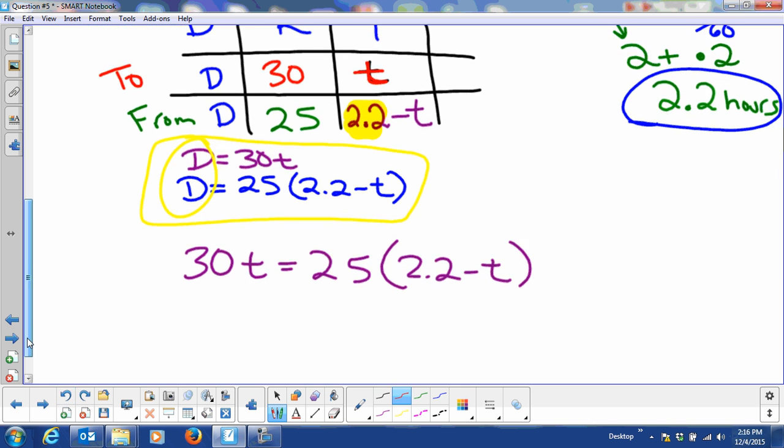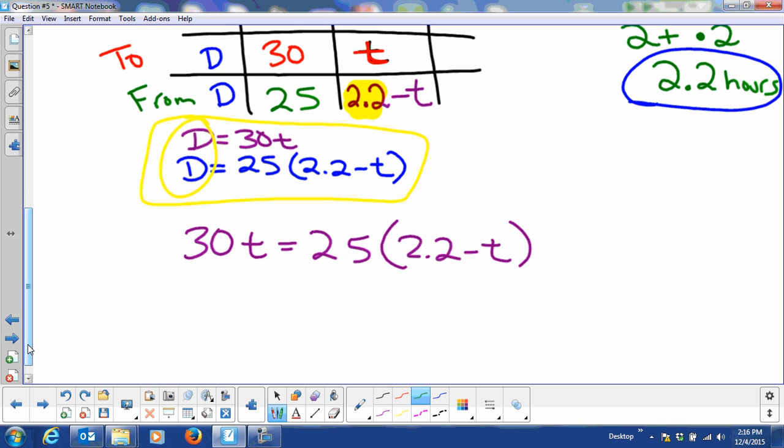Now I have an equation that only has one variable. So I'm just going to solve. I'm going to start off by distributing the 25 to both of the numbers on the inside, and 25 times 2.2 is going to give me 55, and then 25 times t is 25t.